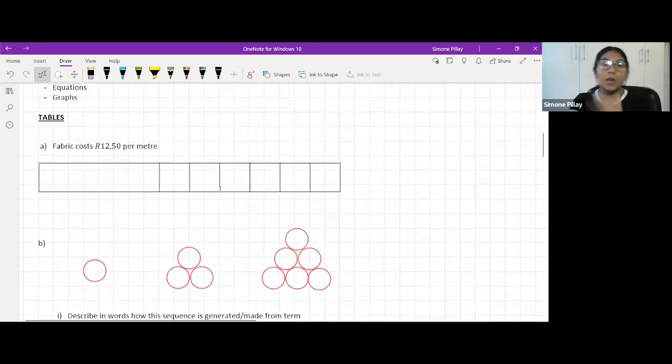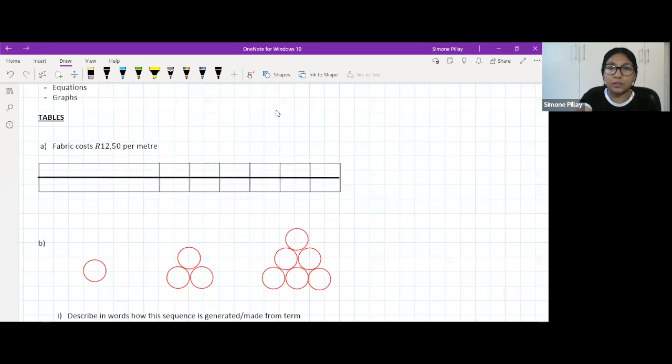So when we are representing our relationships using tables, what am I doing? Sorry, I'm just putting in a line here to make my table complete. Okay, what am I doing? At the top of my table, I want to have my x values. At the bottom of my table, I want to have my y values.